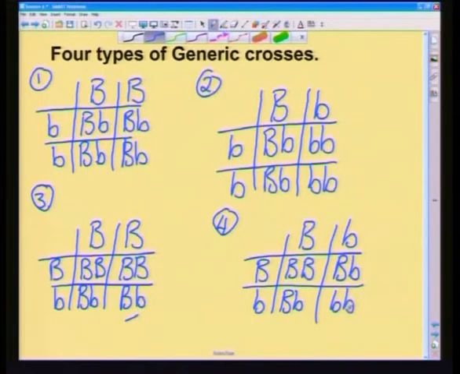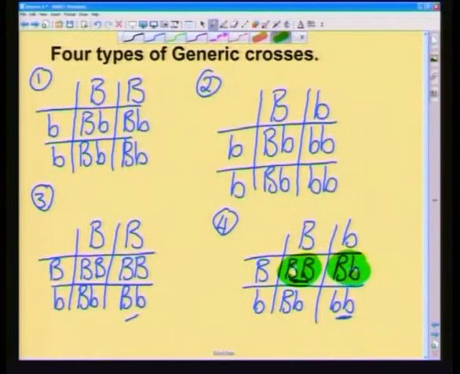Whenever you have a heterozygous and a heterozygous cross, you are going to have 25% homozygous dominant, 25% homozygous recessive, and 50% heterozygous. But in the phenotype, in other words, what you are going to see, 75% of the offspring should look like the dominant characteristic.